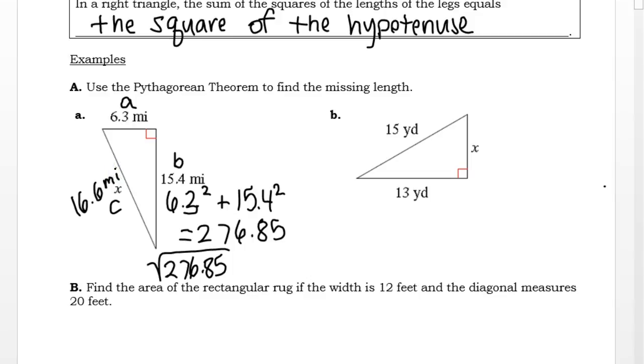Example B, I'm going to start by labeling my short, medium, long in order. A for short, B for medium, C for long. Now I'm looking for a leg, so if I'm trying to find a smaller answer, I'm not going to do a squared plus b squared. I'm going to do c squared minus b squared to try to get a smaller number.